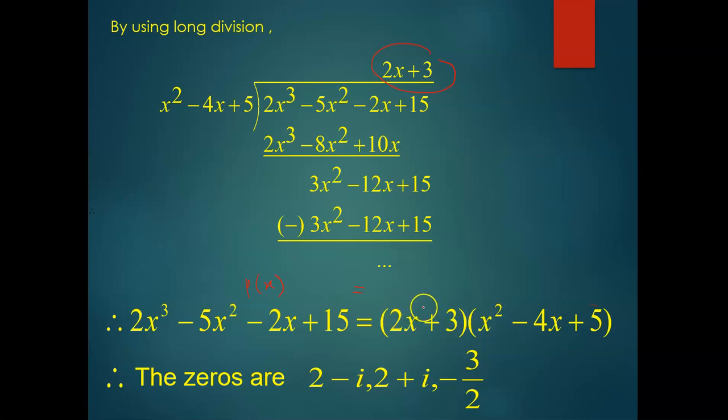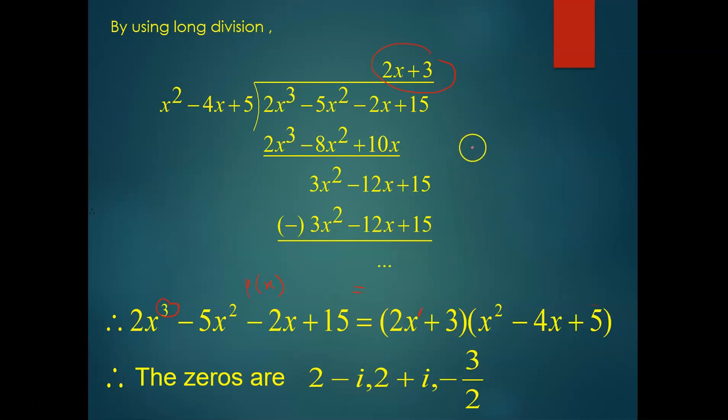When you multiply these two, highest power 1 and highest power 2, 1 plus 2, you get a cubic. Alright, so the zeros are 2 minus i, 2 plus i, and negative 3 over 2.